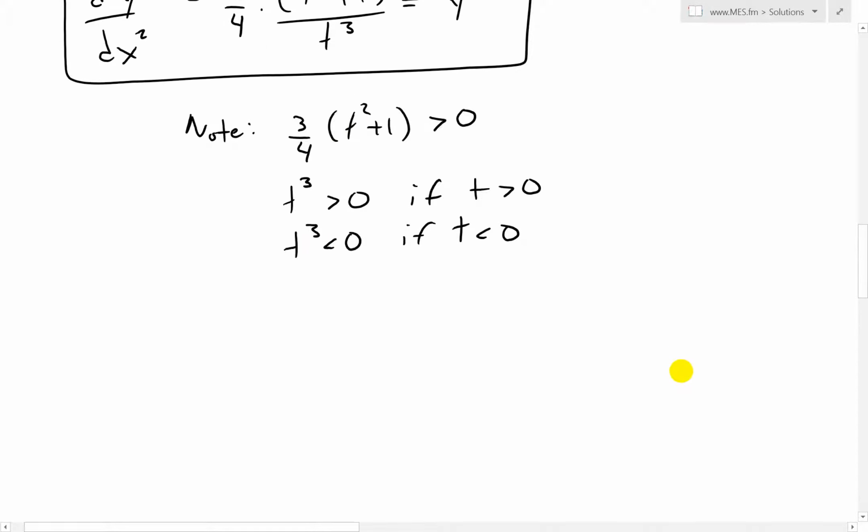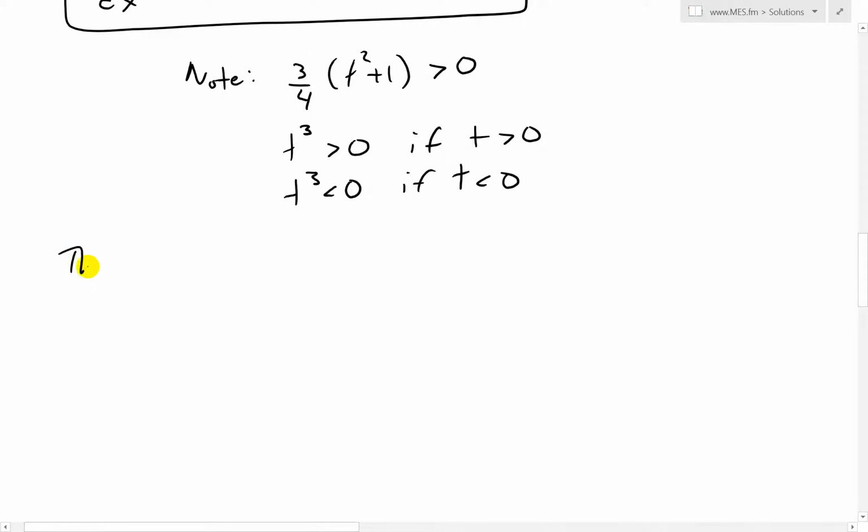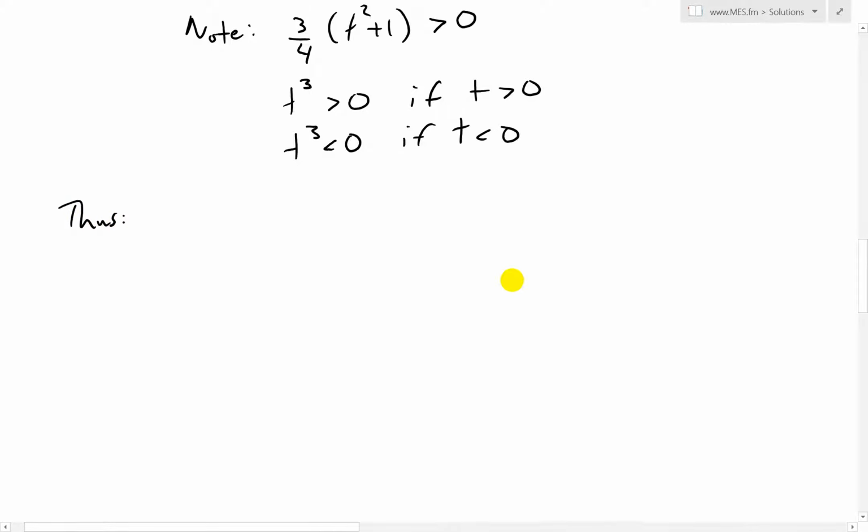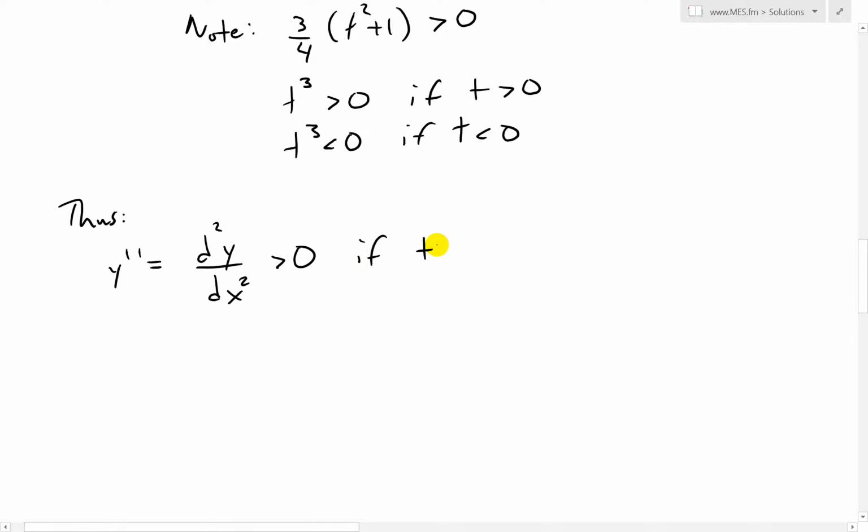So what this means is now we can apply the second derivative test. Thus y double prime, which equals d squared y over dx squared, is greater than 0 if t is greater than 0.